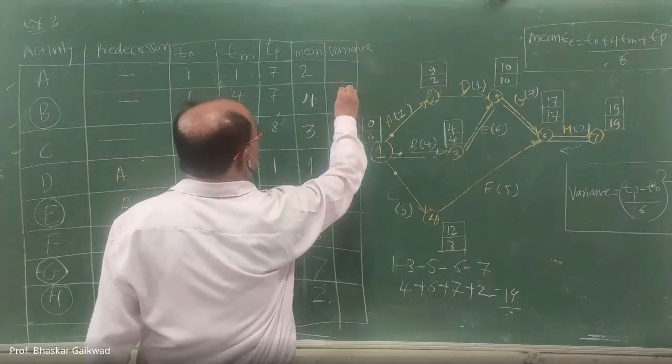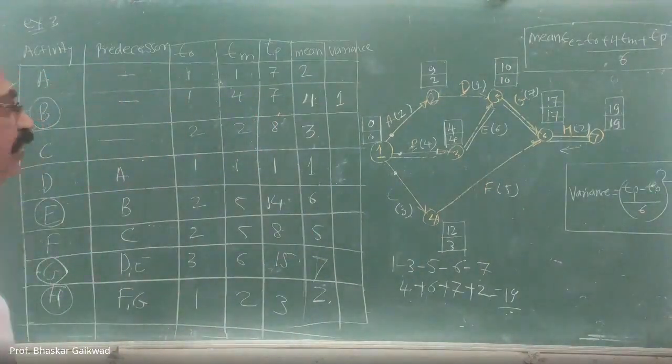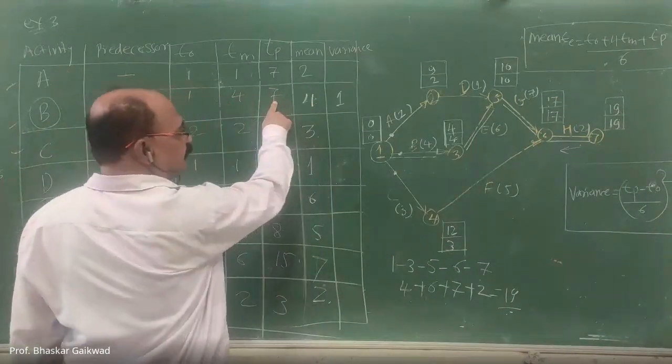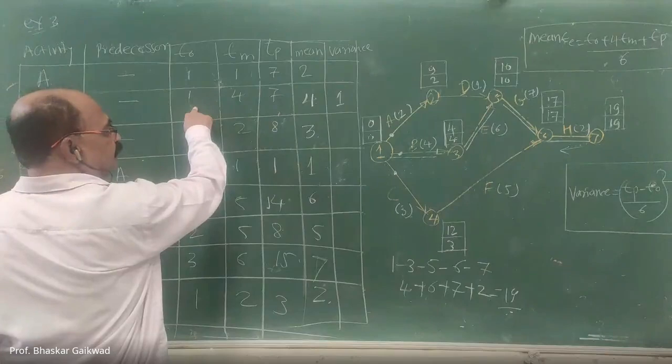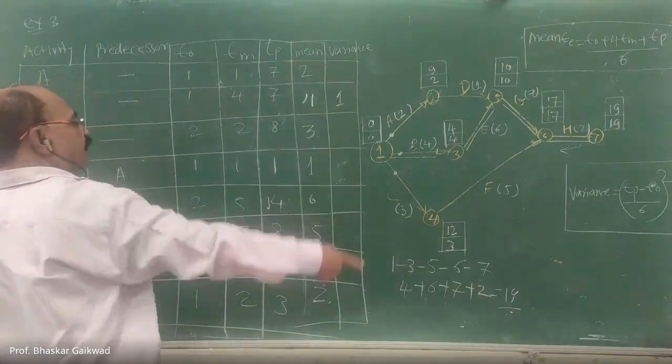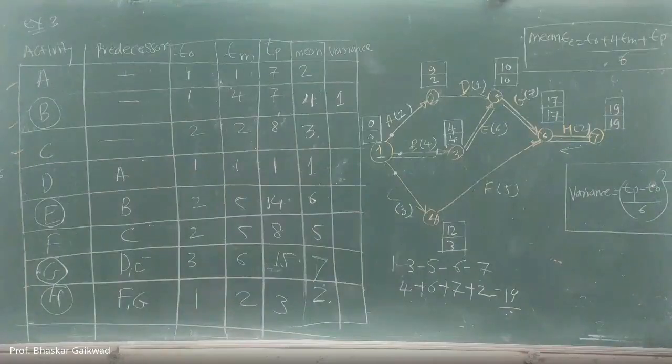Variance is 1. TP means this, T0 means this, minus this, divided by 6, bracket square. So the answer is 1. For B activity, variance is 1.